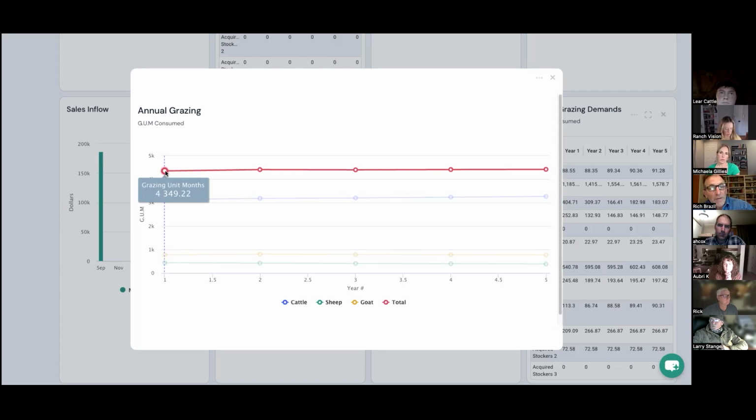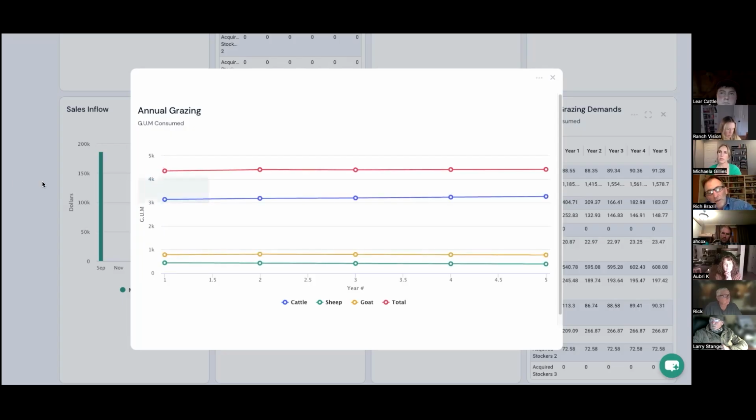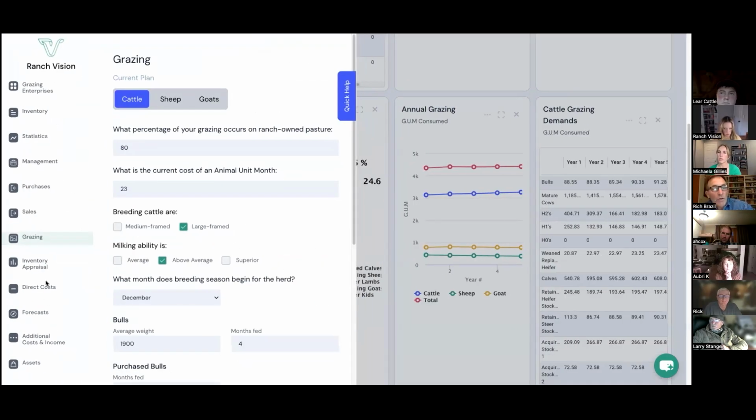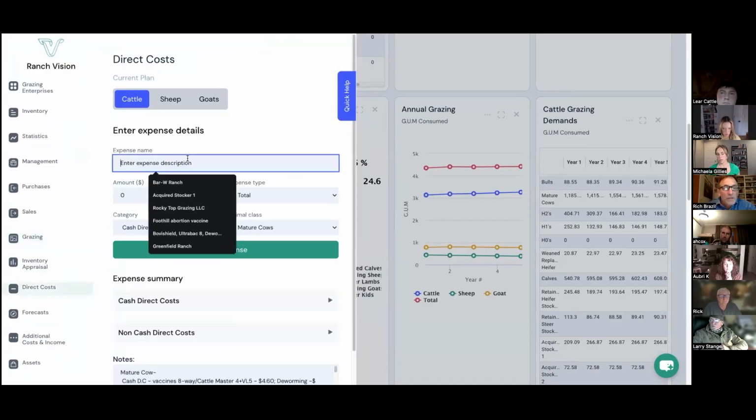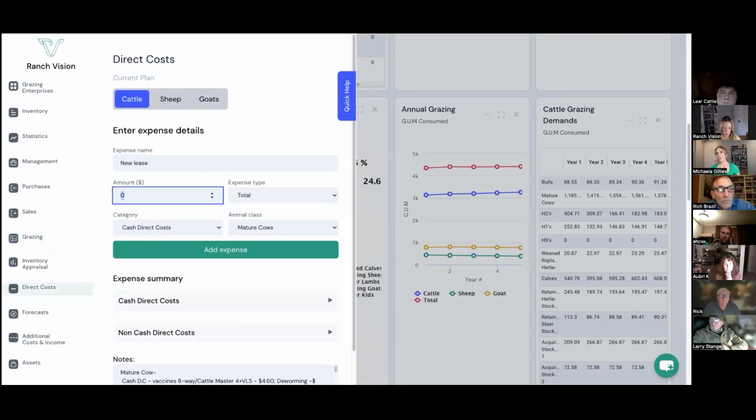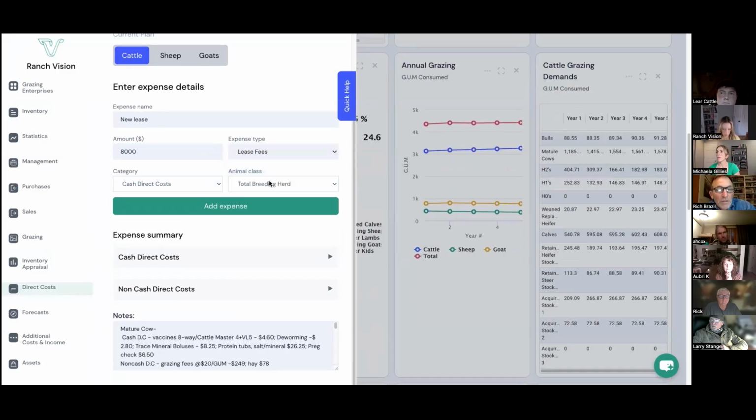So it'll take you to 5,350. Then you would say, okay, the lease is going to cost me, so go to direct costs and add a lease for whatever that would be, $8,000. It's a lease fee, and we just add that.